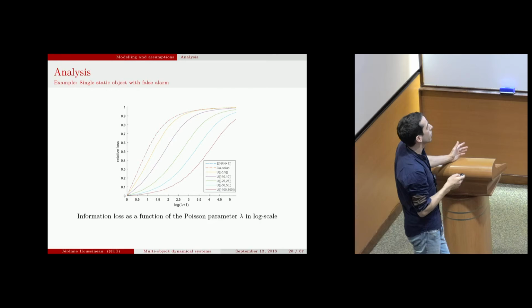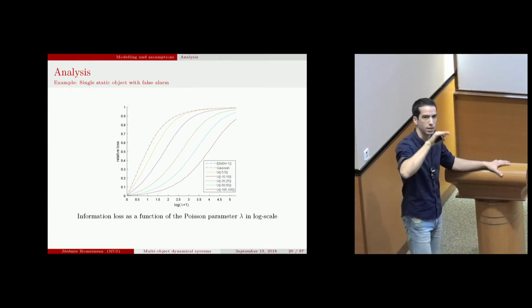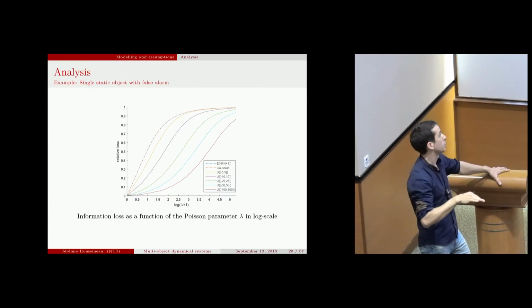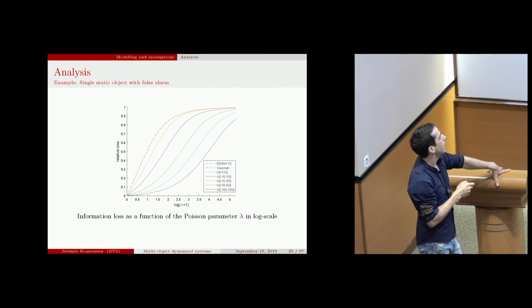So then you wonder, what's the loss of information? Here is a relative loss, which is basically the loss divided by the Fisher information itself, just to normalize things. So it's a loss between 0 and 1. And of course, that's quite natural.